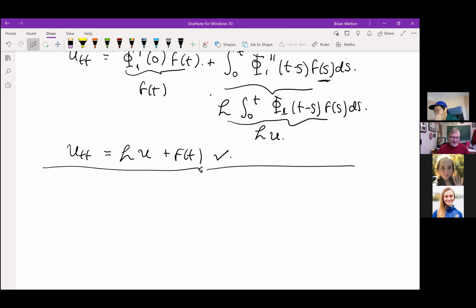Because you might be a little suspicious of all of this, what I'll do is I'll use Duhamel's principle to formally get the formula for the solution, and then we'll check that it actually works, right? That you can actually put it in the wave equation, take derivatives, and it matches up the way we want. So let's look at the forced wave equation now.